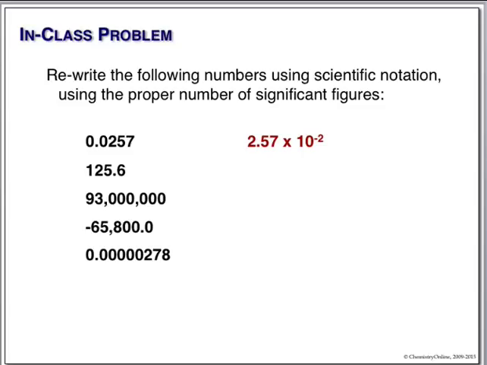Our next number. We have 4 digits. All of these will be significant, won't they? No zeros to mess with. Going to move it to the left 2 spots, positive exponent, but we put all of the significant figures in our number.